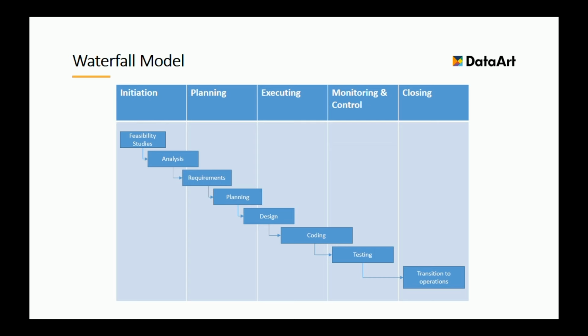It's just an example. The main idea is that they go one after another, sequentially. Sorry, meaning that coding cannot start before design, planning, and earlier stages are completed. Of course, many stages here, like design, coding, can take quite a significant amount of time.